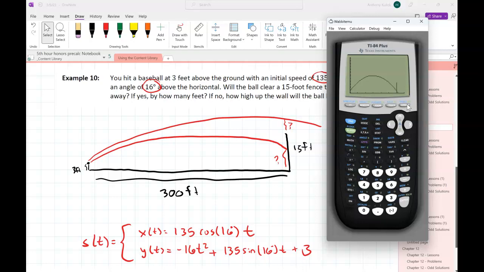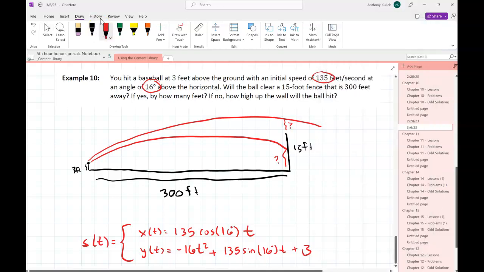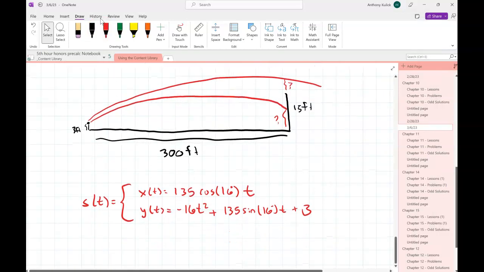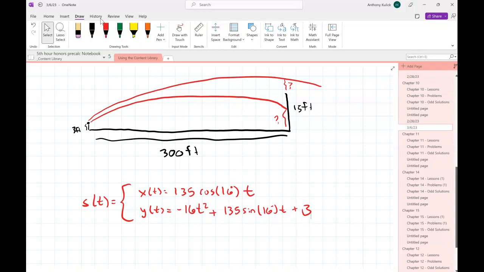Now, can we tell where it hits the wall at by just using our calculator? I don't think so. But we can do this algebraically pretty easy. So let's think about what we want, right? We want the height of the ball when the x-coordinate is 300, correct? What do you need to calculate the height of the ball, period, any place?